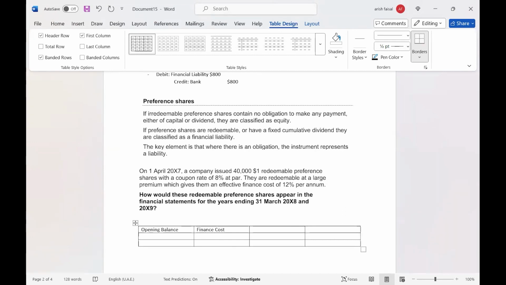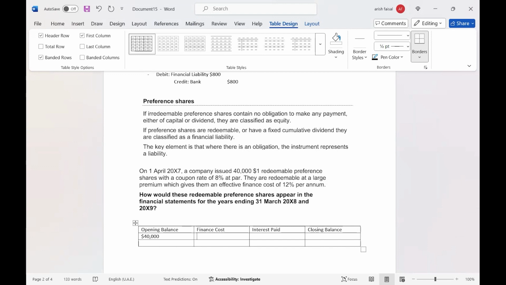I'm going to take it as my finance cost, as my interest expense. Then you have the interest or dividend paid, and then you get the closing balance. So 40,000 is your opening, and the finance cost will be charged, as I told you, at an effective rate.